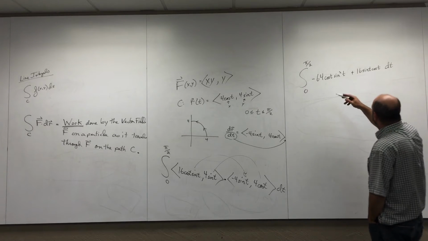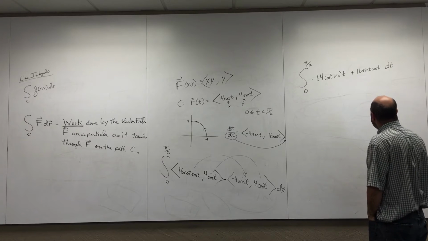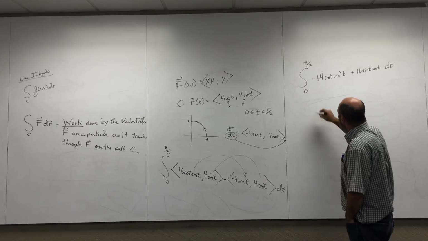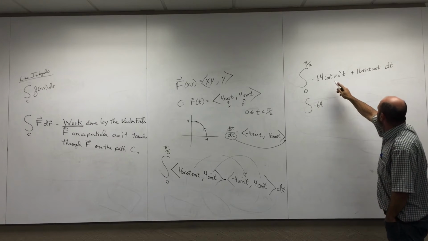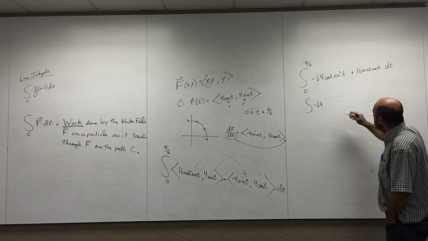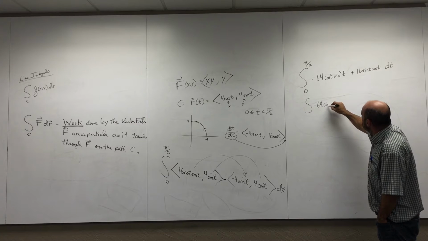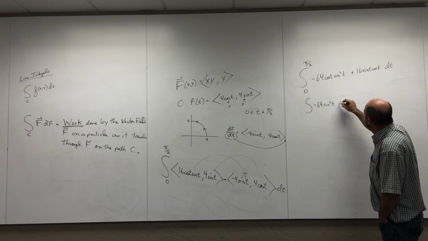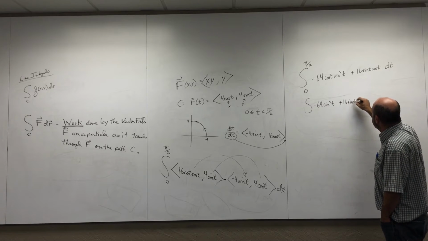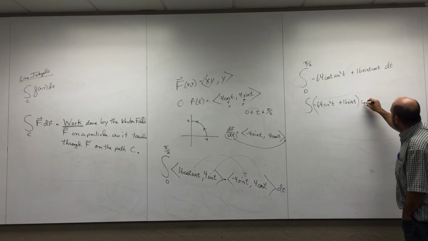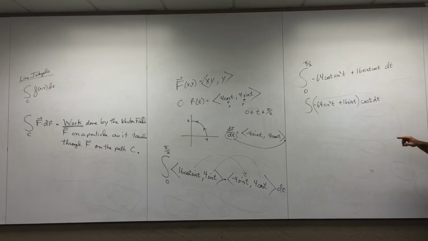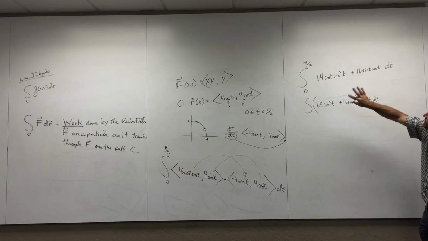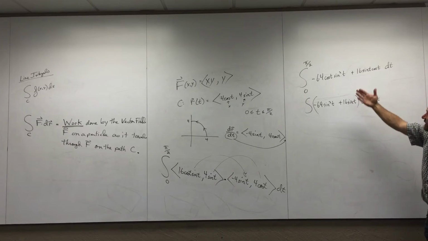This is kind of a funny one. I'm going to do something a little funny. I am going to factor out a cos t on the back end of this. So that leaves me negative 64 sine squared t plus 16 sine t. I factored a cos t out on the back end, and that leaves me with that.